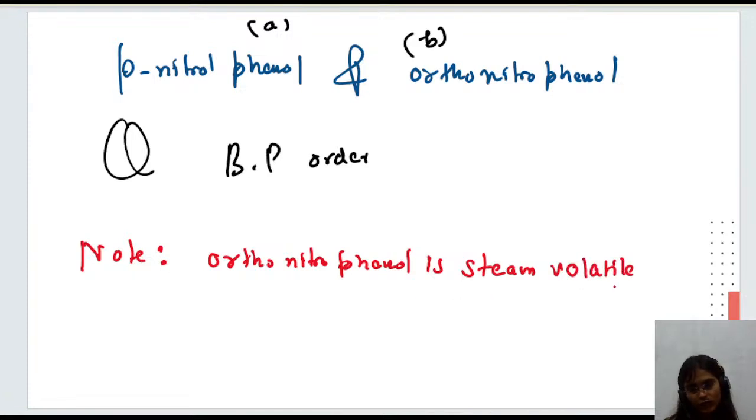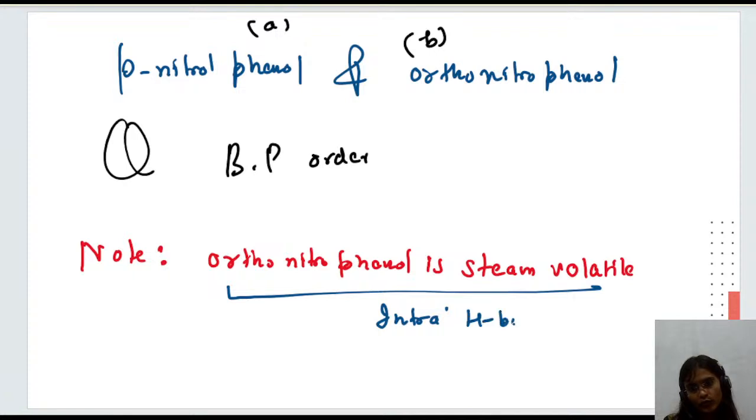The reason behind this is the intramolecular hydrogen bonding. If you want to differentiate between para and ortho, there is a test: apply steam of water, and if evaporation occurs, confirm it is ortho-nitrophenol, otherwise it's para. Maybe you're not getting how it is steam volatile.